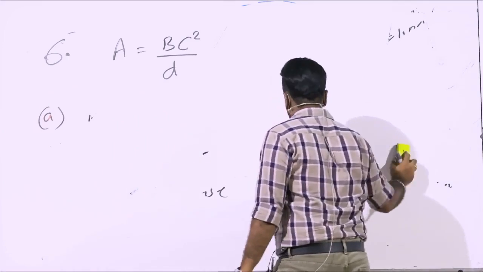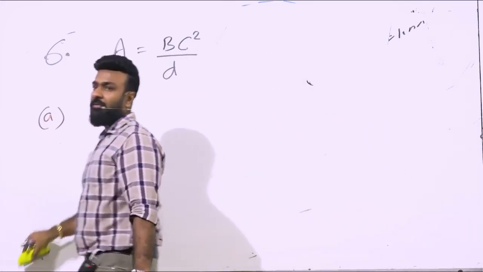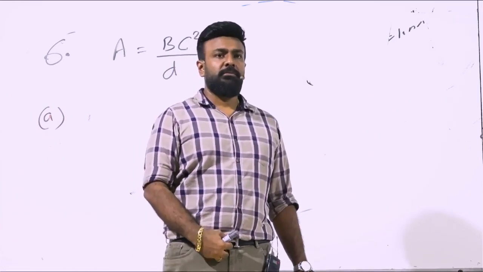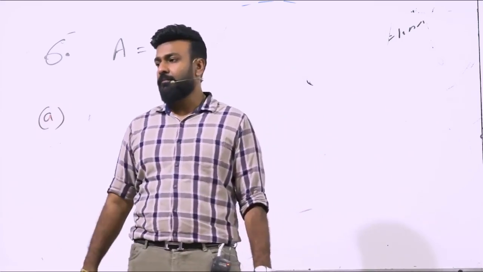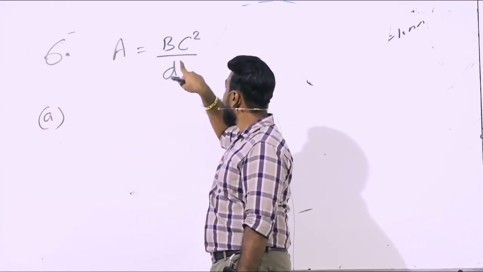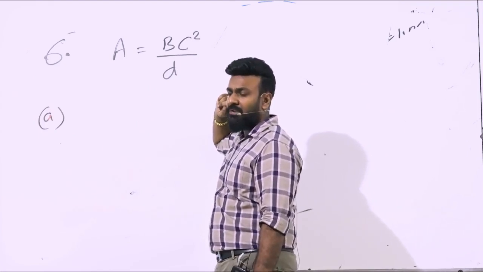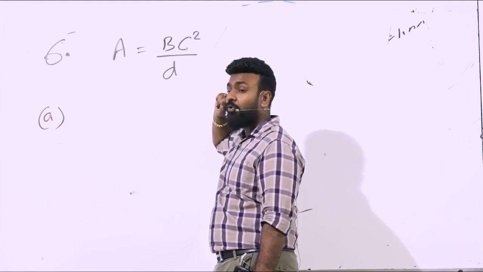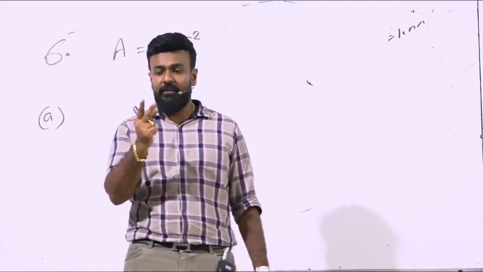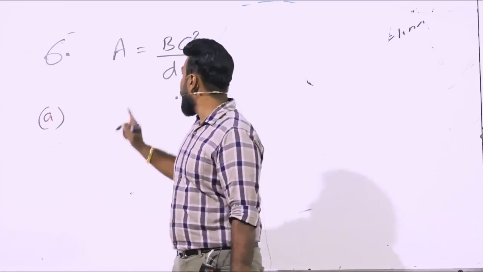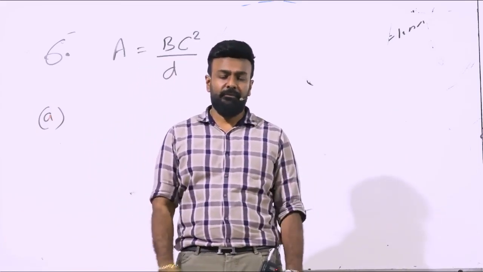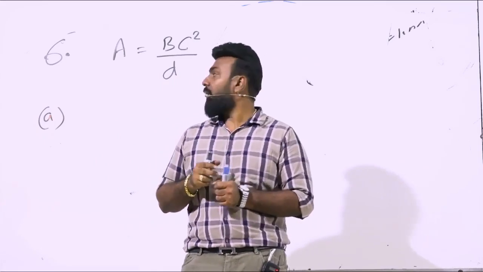If B is decreased by 18%, C is increased by 20%, and D is increased by 44%, what is the percentage change of A?